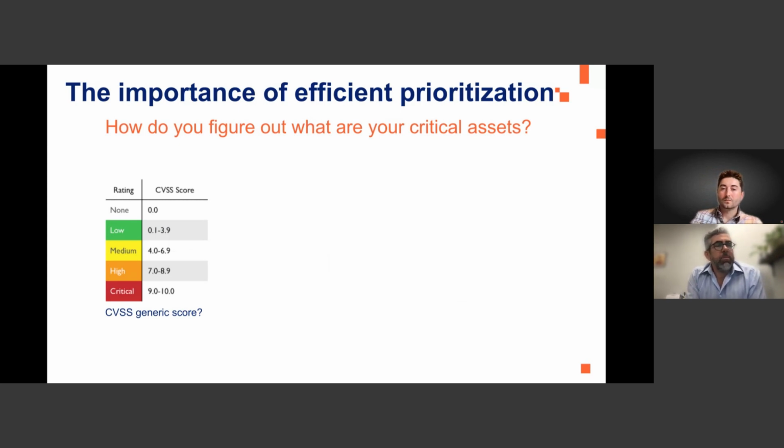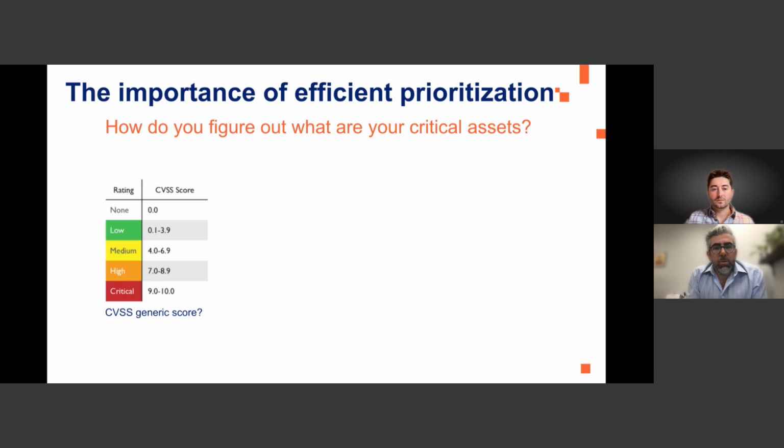So let's talk a bit about the prioritization. And how do you figure out what your critical assets are? As we discussed, many of the tools, platforms and services today use the generic CVSS score.